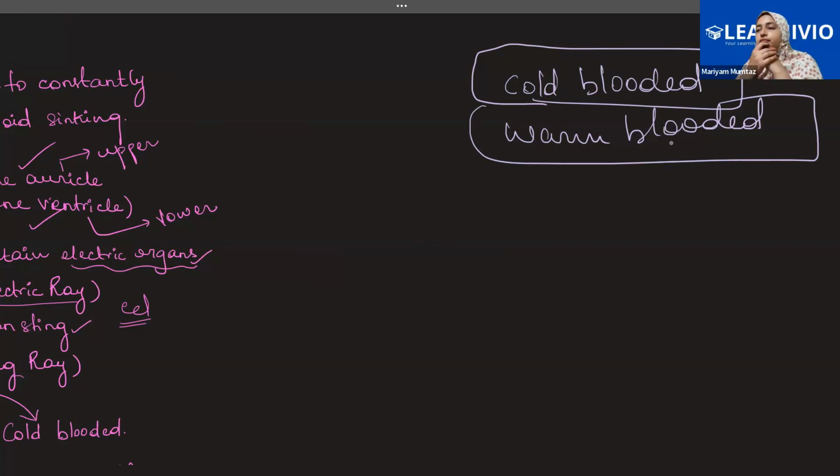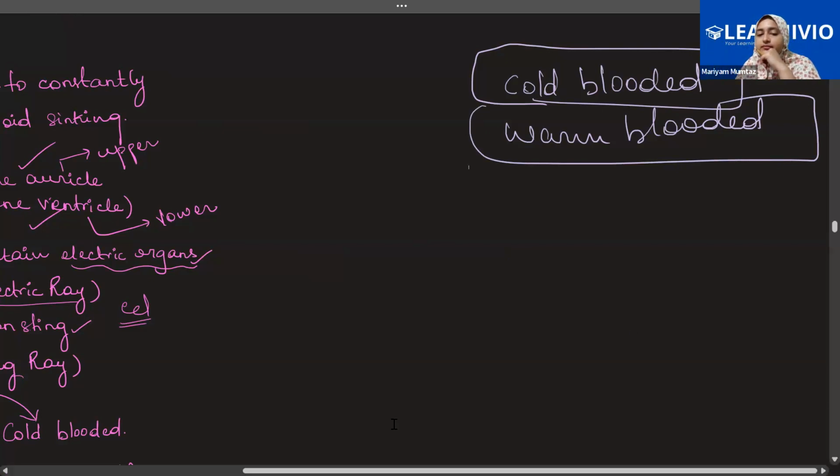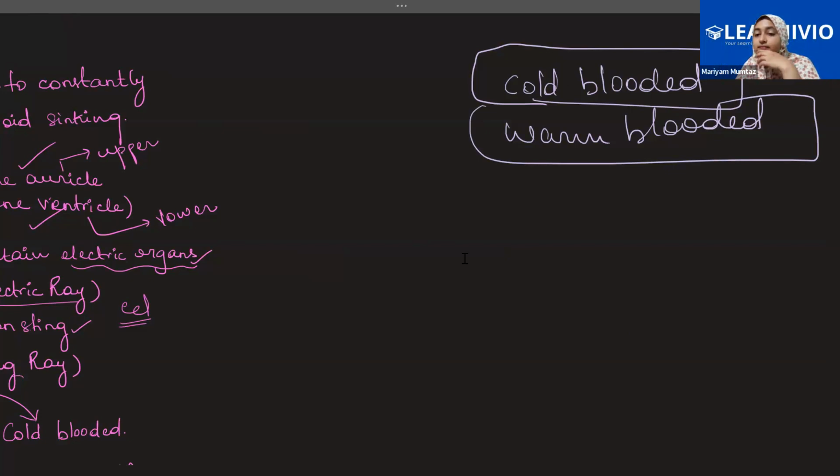Now, how do we regulate? Does anyone have any idea how we regulate our body temperature? We have a four-chambered heart, so the blood is separated into oxygenated and deoxygenated, but how does it help us regulate temperature? From the lungs.